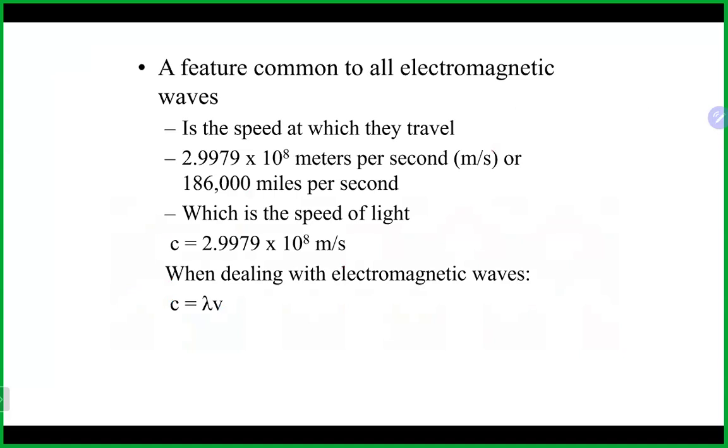Now, when we calculate electromagnetic waves, the speed at which they travel is consistent. In this school, they want you to remember this number for the speed of light. I apologize in advance because I probably will round to 3, but they don't want you rounding here, so I'll do my best to use all these numbers.